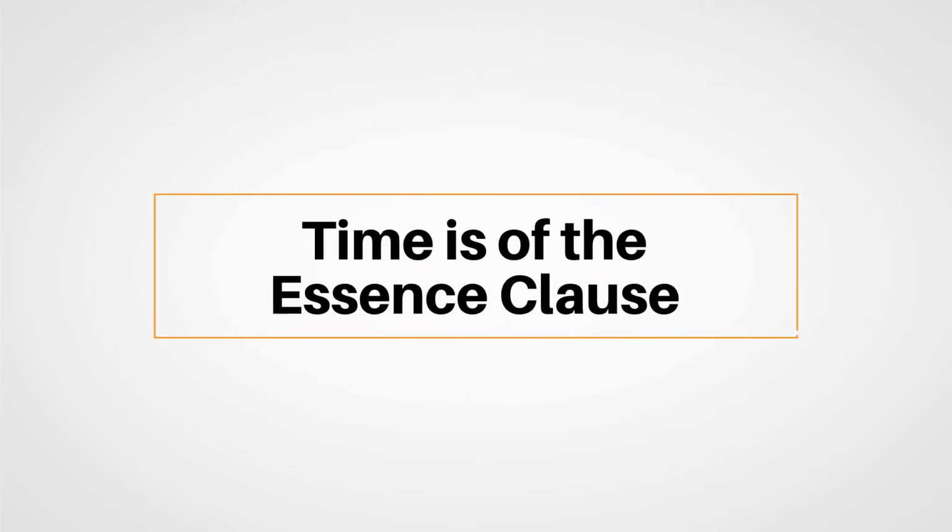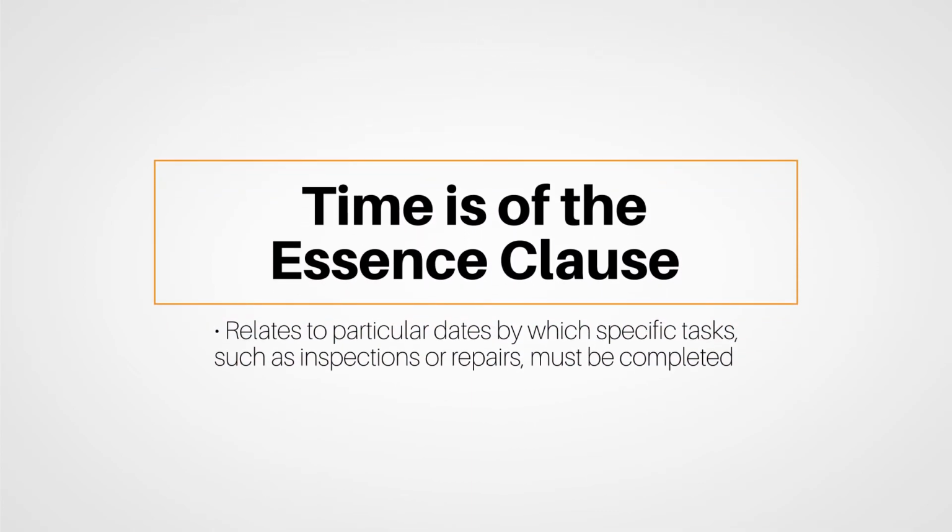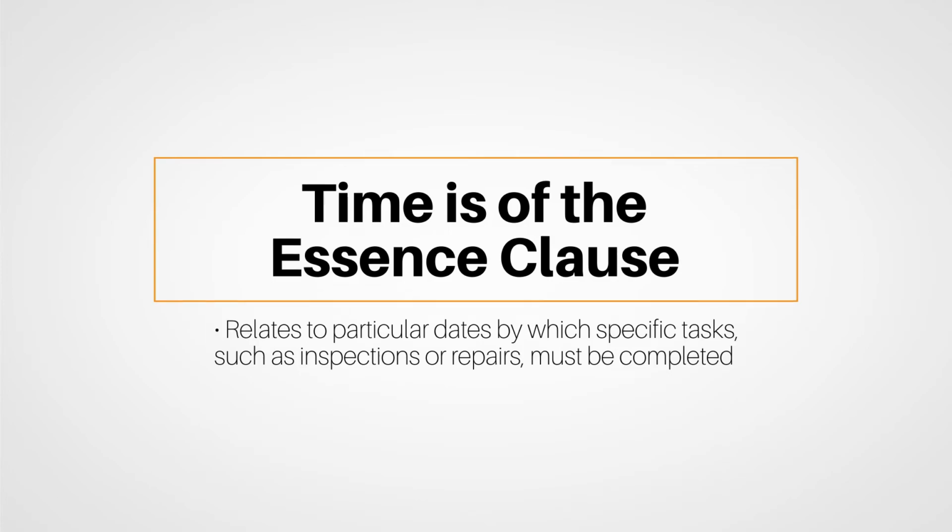A time is of the essence clause relates to particular dates by which specific tasks, such as inspections or repairs, must be completed. Where time is of the essence is indicated, the necessity to meet deadlines becomes incredibly important, and it's imperative to know the exact target dates.